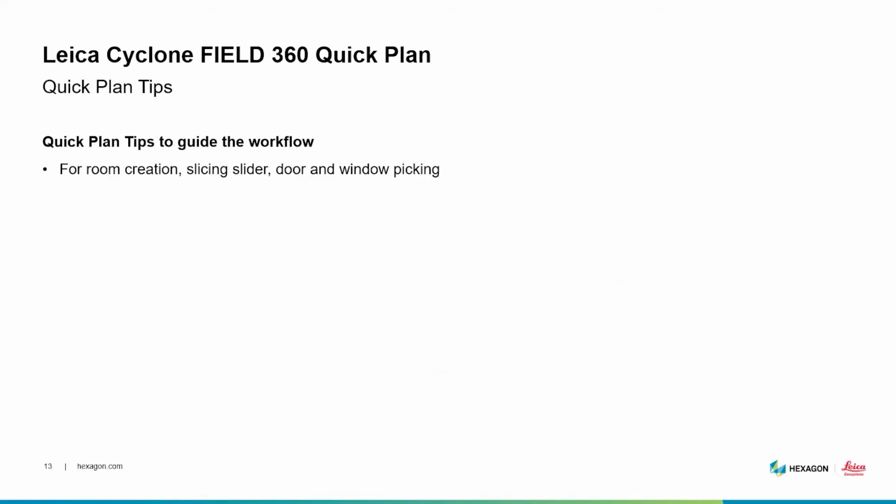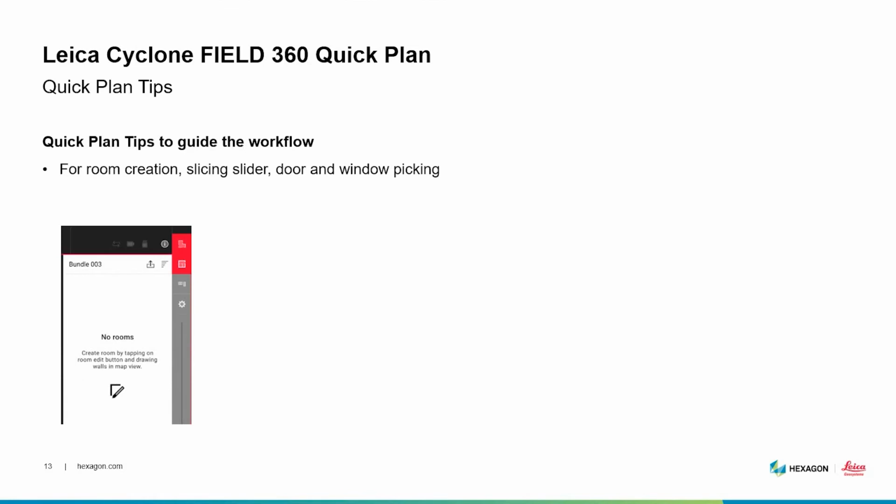As part of the new Cyclone FIELD 360, we've created the Quick Plan tooltips, which are in essence tooltips to guide you through the sequencing of the software to give you the best understanding and steps of the workflow. So basically this is how it looks.